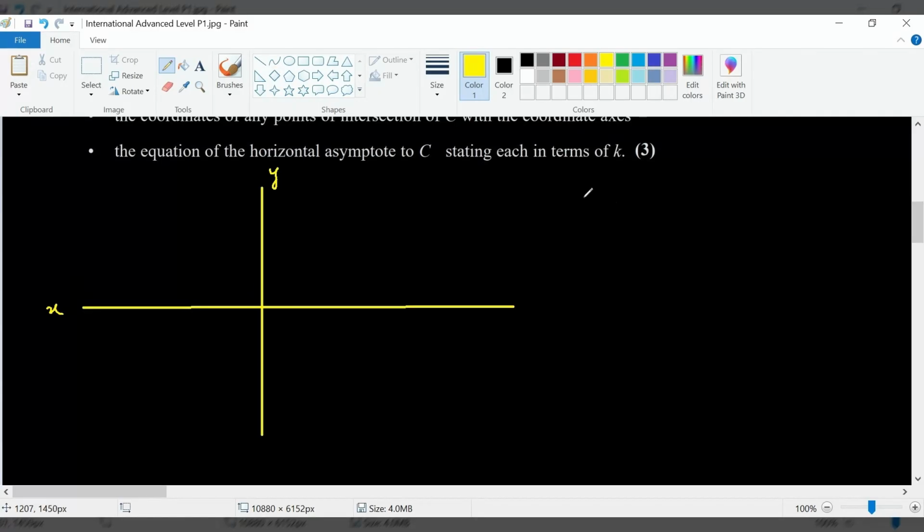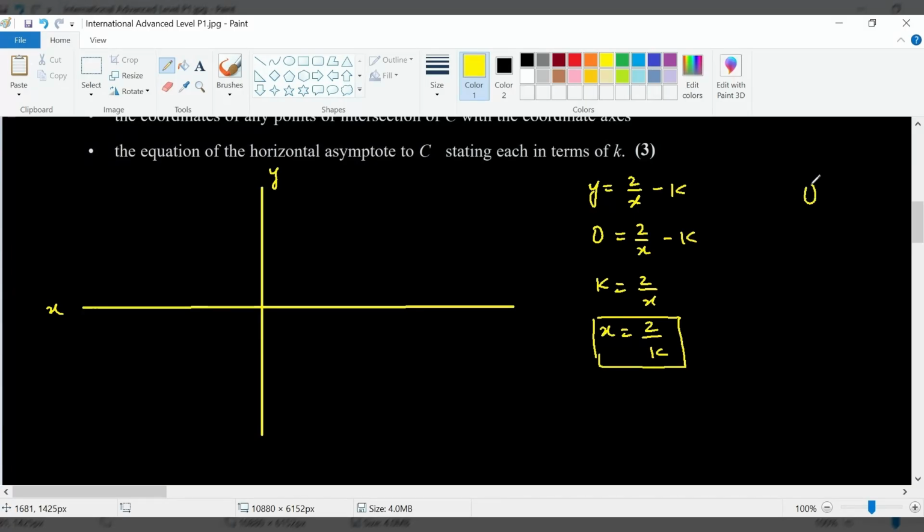Now you need to have a clear understanding of y equals 2 over x minus k. If I assume y is 0, then 2 over x minus k equals 0, so x will be equal to 2 over k. So this is a clear understanding that we have y equals 0 and x equals 2 over k.